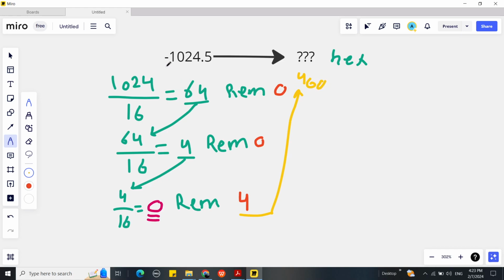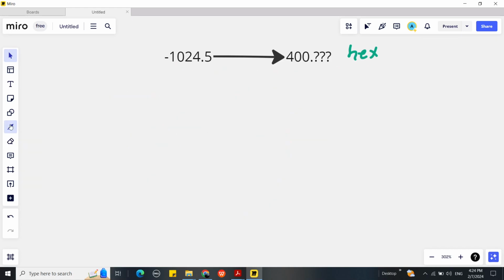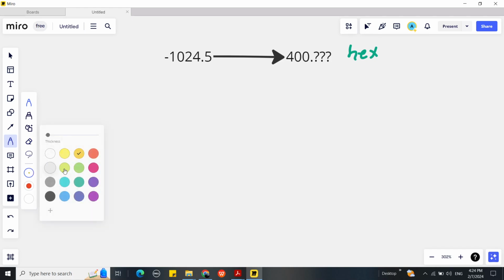So basically, 1024 is actually 400 in hexadecimal. Now I just cleaned up the space so we can start. 1024 in decimal is actually 400 in hexadecimal.